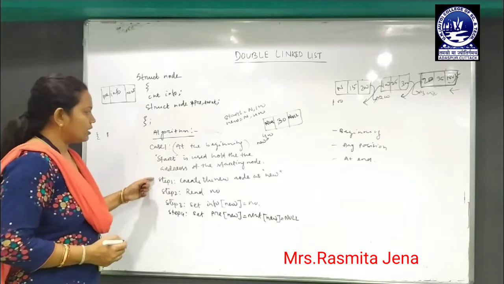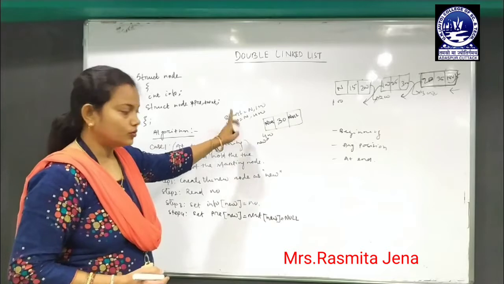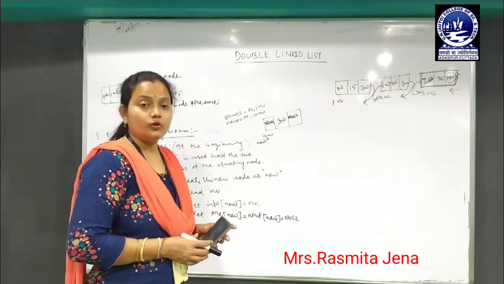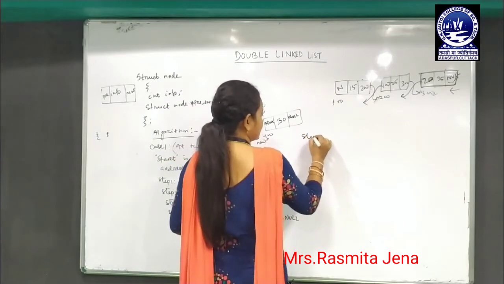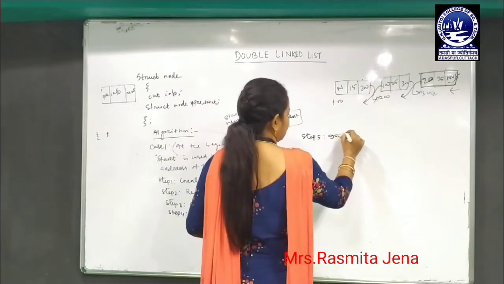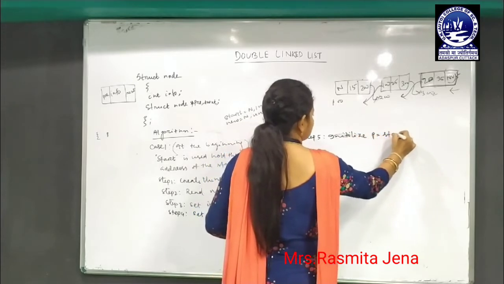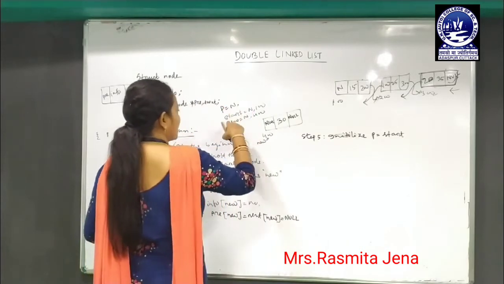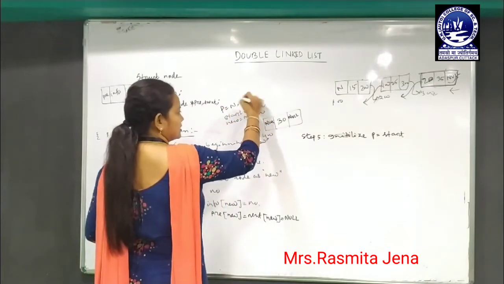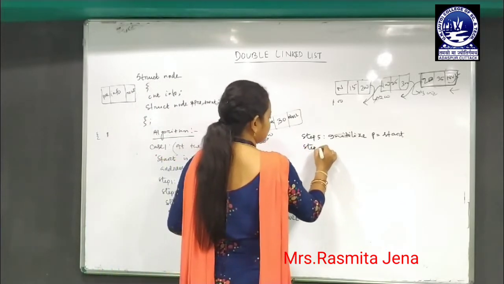We have the starting node address which is held by the pointer start. So the next step is in step 5, initialize p equals to start. That means we have another pointer p which now contains the starting node address, that is 100.